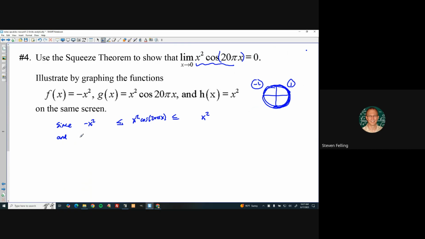We can take the limit as x approaches 0 of this -x squared function and evaluate it by plugging a 0 in and get 0. And we can take the limit as x approaches 0 of this x squared function and evaluate that by plugging in and get 0. Therefore, the limit as x approaches 0 of x squared times cosine of 20 pi x must also equal 0 by the squeeze theorem.